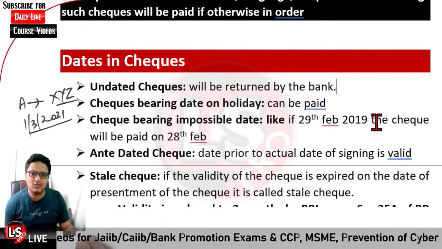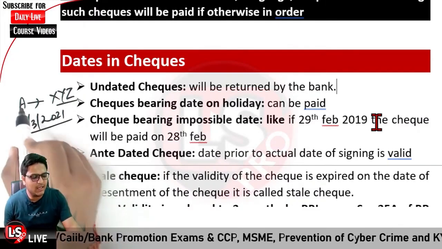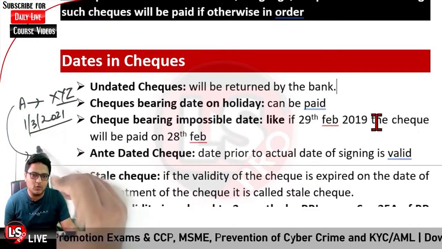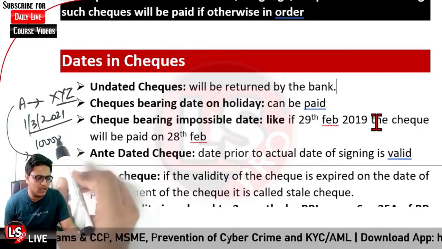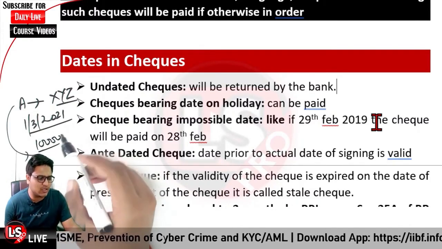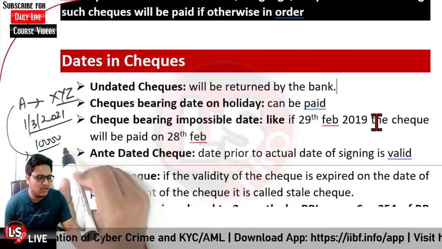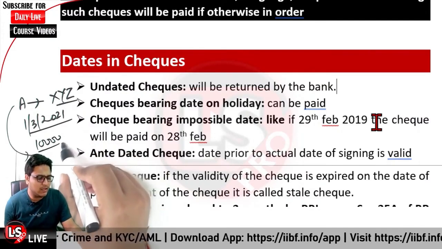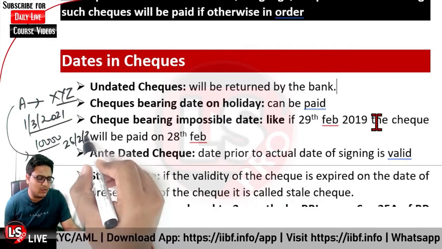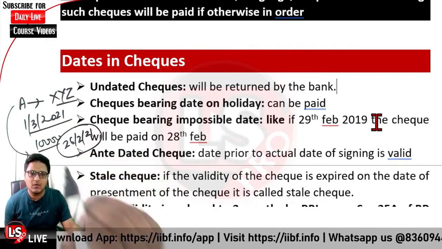He drew a check for rupees 10,000 in the name of person B, dated 26th of February 2021. What check would it be?